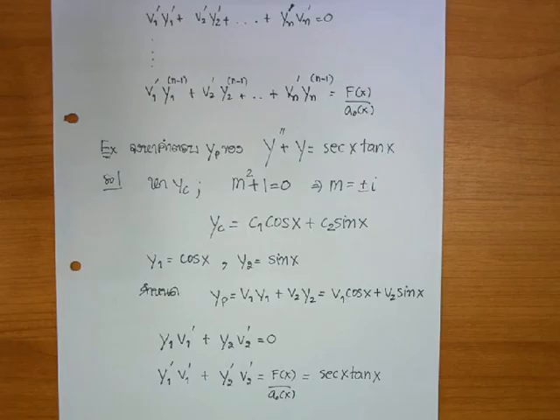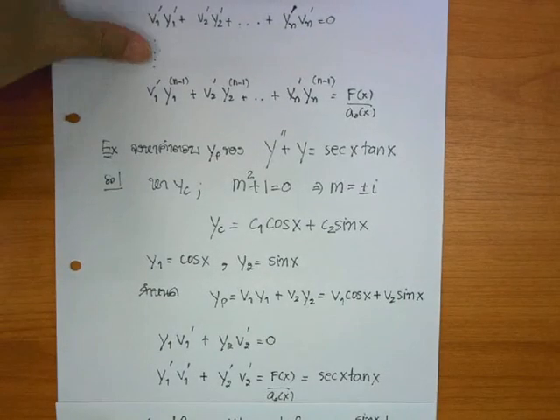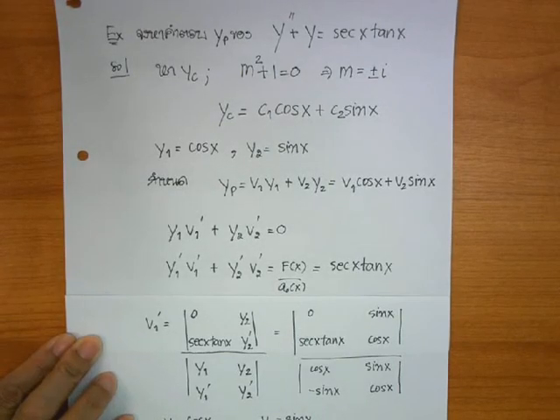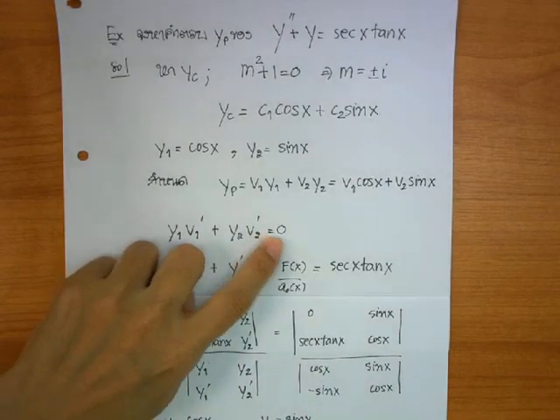So we are going to use Cramer's rule to find the first derivative of v1 and the first derivative of v2. For the first derivative of v1, we would get the determinant of, you see, comparing to Cramer's rule, this is our c0 and this is c1.